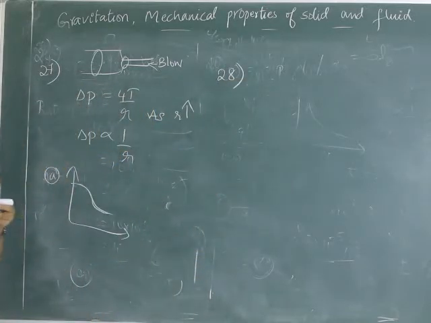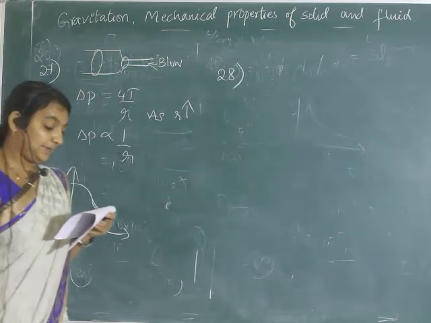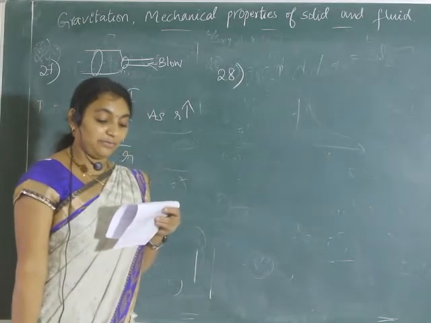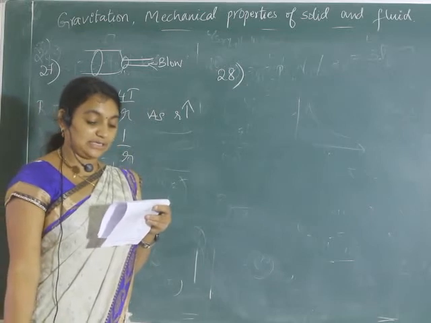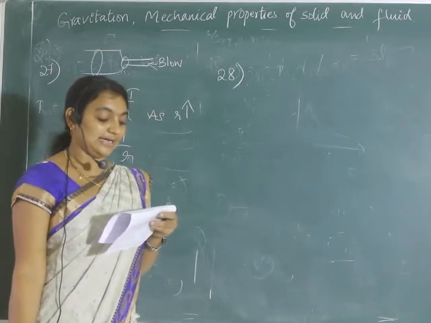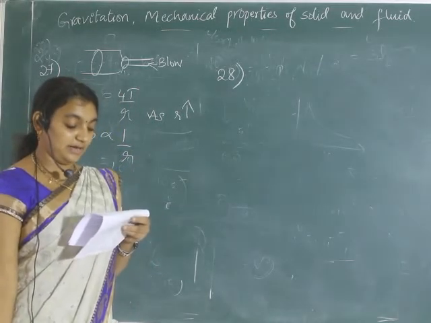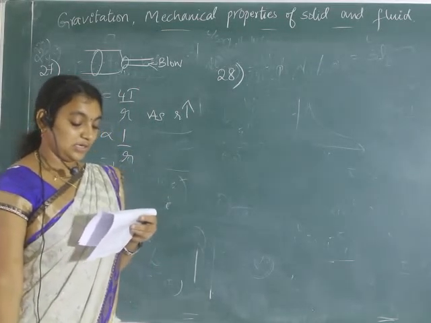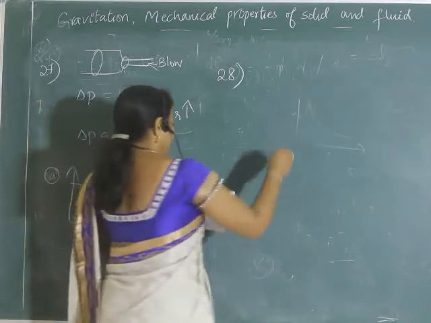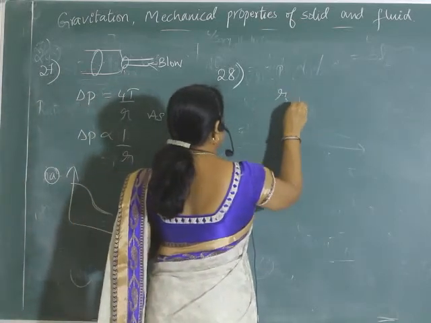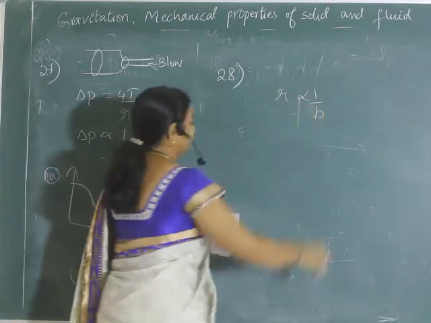Next, 28th one. How many of you solved this? Two capillary tubes P and Q are dipped in water. The height of the water level in capillary P is 2/3 of the height in capillary Q. The ratio of their diameters is, see, radius of the capillary tube is inversely proportional to height. You should know this.